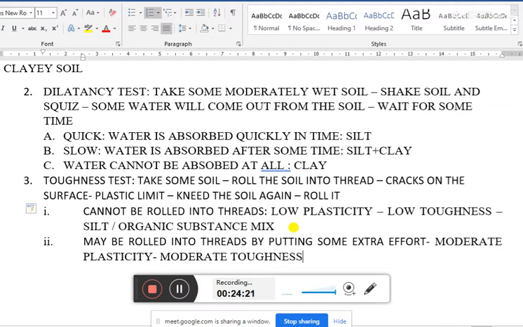Moderate toughness, okay. That means the soil is a mixture of silt and clay.